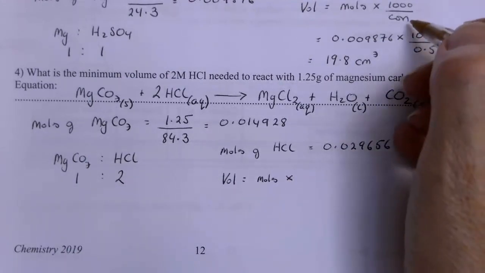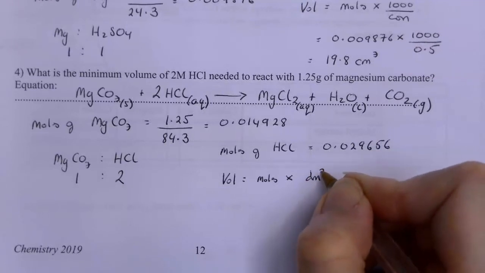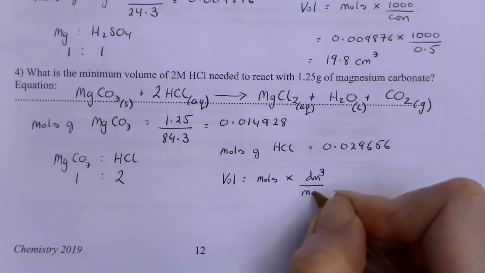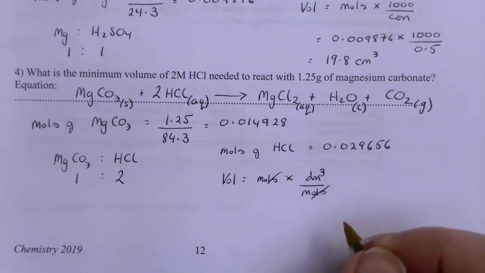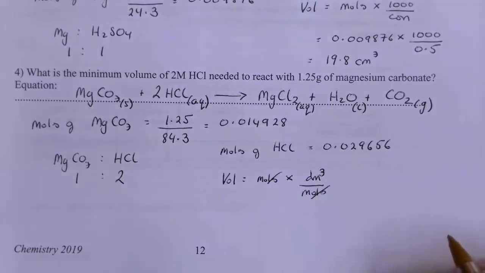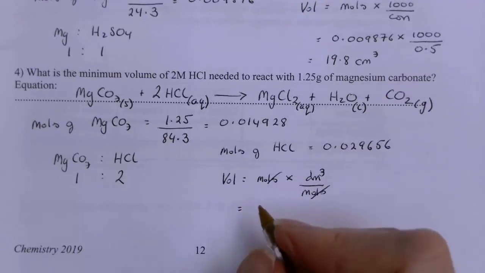So concentration is moles per decimetres cubed, so this will be decimetres cubed over moles. These cancel to give us the volume in decimetres cubed. You would then times that by 1,000 to find the volume in centimetres cubed, which is a more usual value when we're doing titrations.